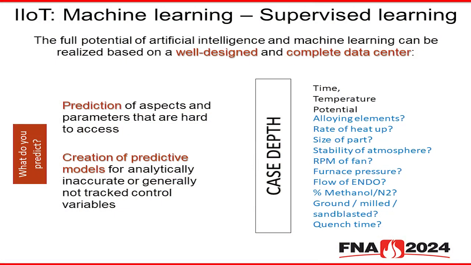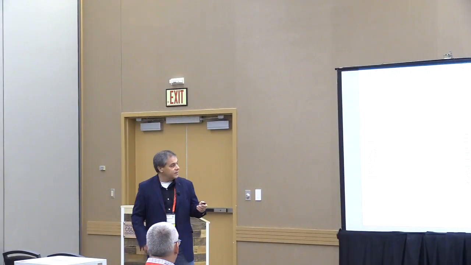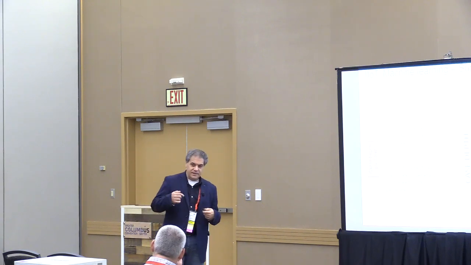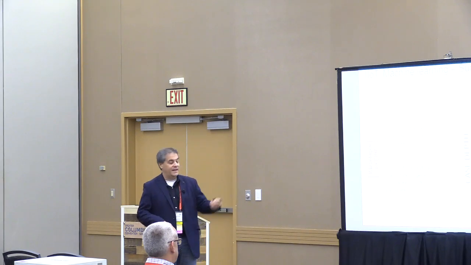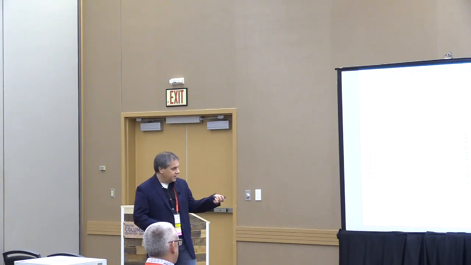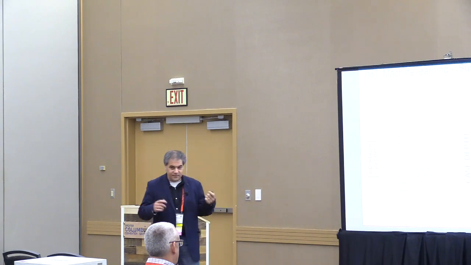So now, let's just brainstorm. I'm trying to predict K-step, right? And off the top of our heads, we know time, temperature, potential, we take it for granted. What about alloying elements? If my furnace heats up faster, will it affect K-step? The RPM of the fan, does it affect K-step? Is the surface, quench time, endo flow, does it affect K-step?